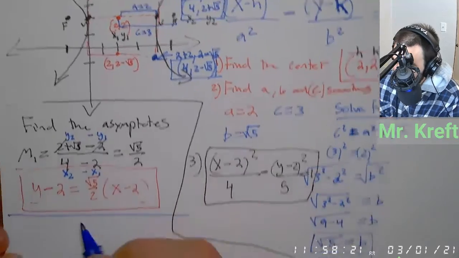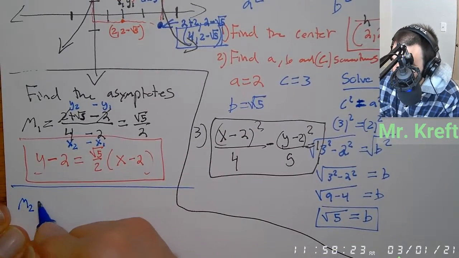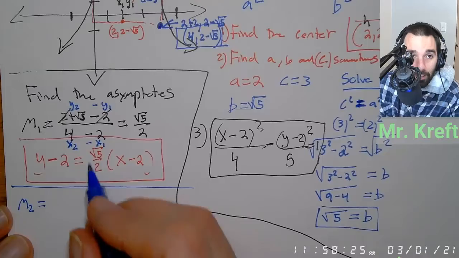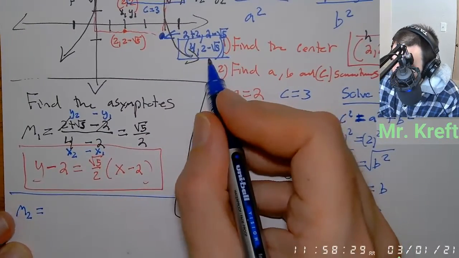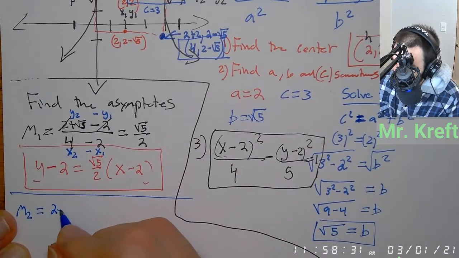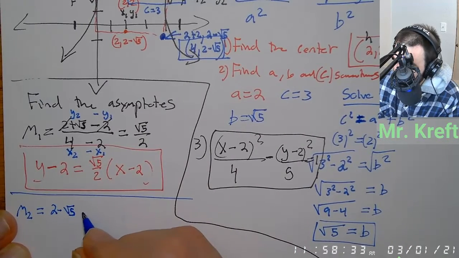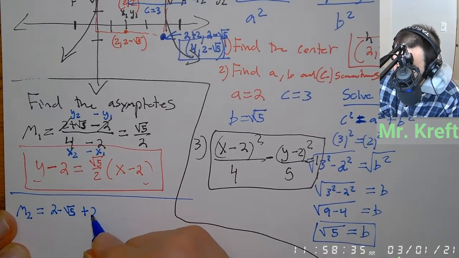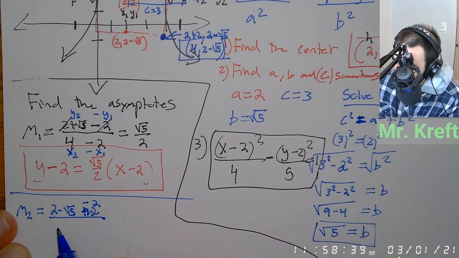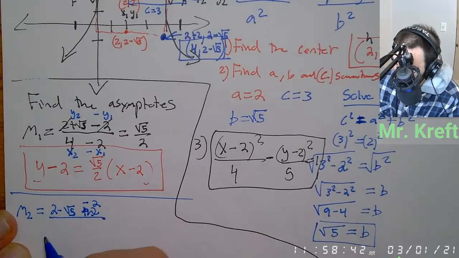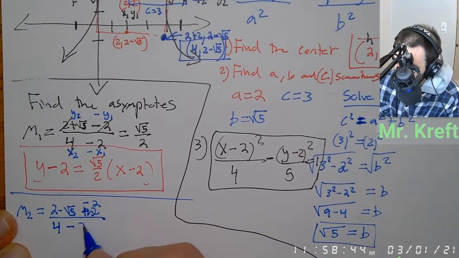Okay, so then my second one, I'm going to have my second slope, right? And this should be a negative slope because I'm going down. So my y2 is 2 minus root 5, and then my y1 is 2, minus 2. And then all over, my x2 is 4, my x1 is 2, so the 2's are going to cancel out.